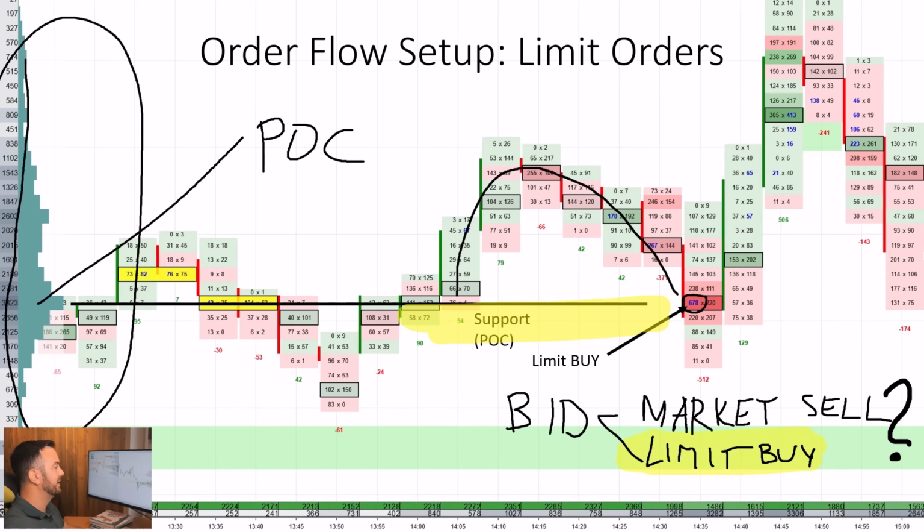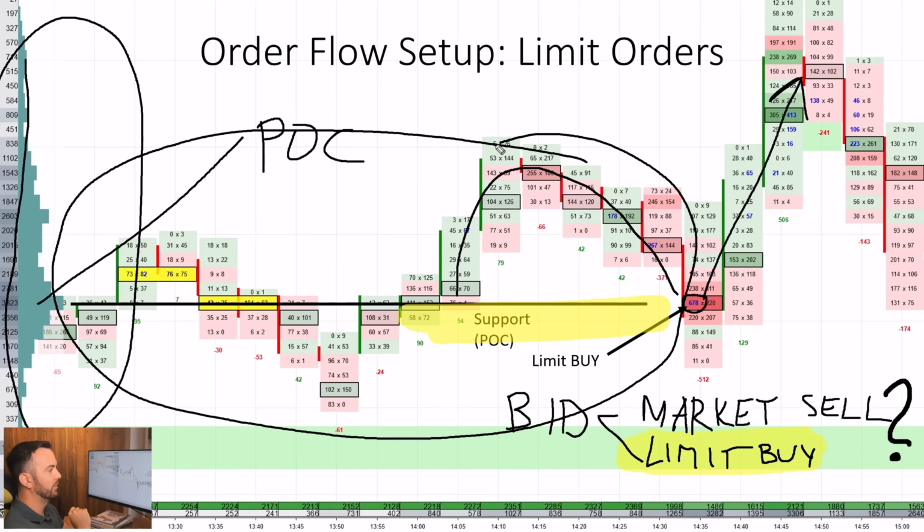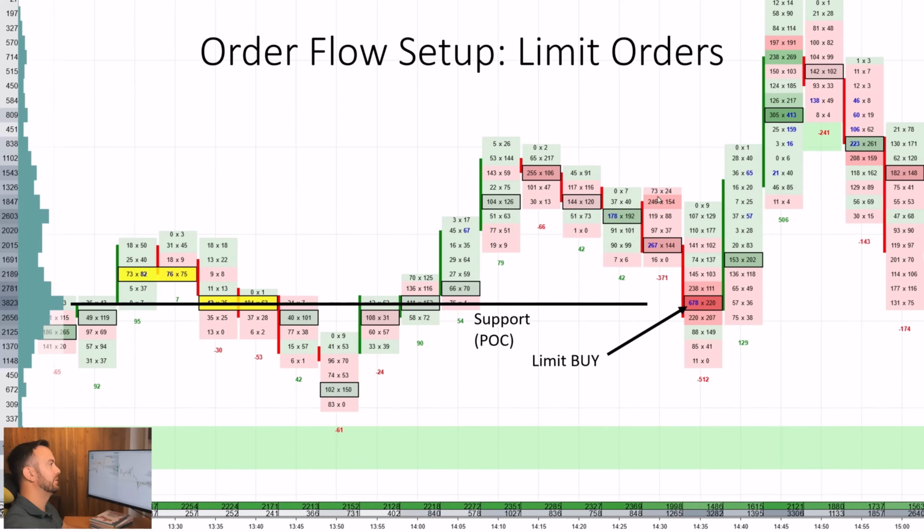So it's very likely that this is a limit buy order and confirmation for you to go long. All right. And again, as you can see, this is an unusually huge number. Compare it to the rest of the volumes which you see here, and nothing is even close to this, right? So this definitely stands out. So that's how you can spot a huge limit order.